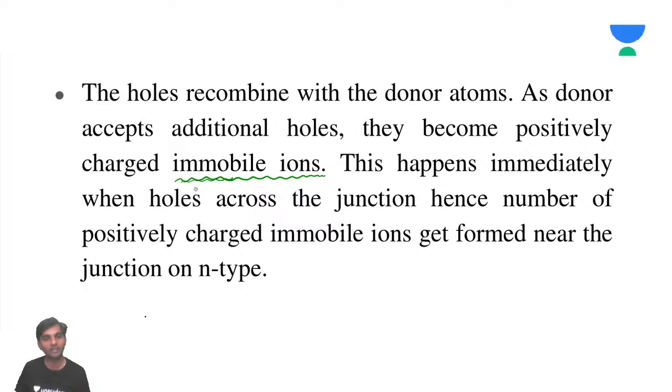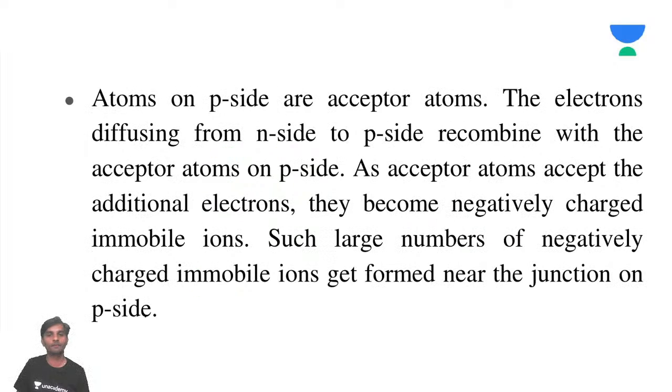They cannot walk. So this happens immediately when holes cross the junction, and a number of positively charged immobile ions get formed near the junction on the N type.